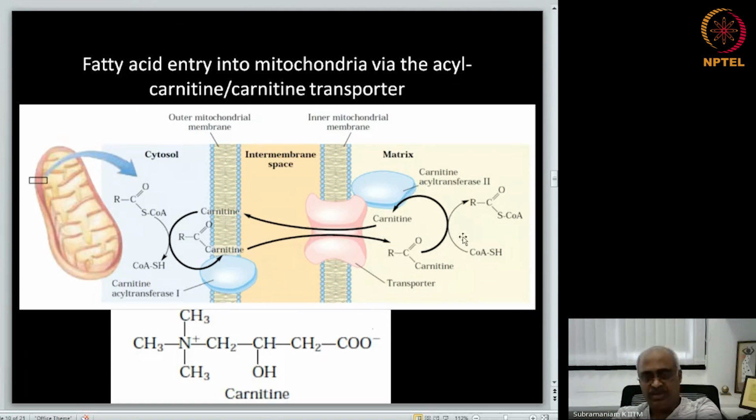Here the coenzyme A again remains here itself, where it is required for connecting glycolysis and the TCA cycle. So these are two different pools of coenzyme A, but via these two transesterification steps they help in transporting free fatty acids from cytosol to mitochondria. And mitochondria is where beta oxidation is going to happen. That we will discuss tomorrow.